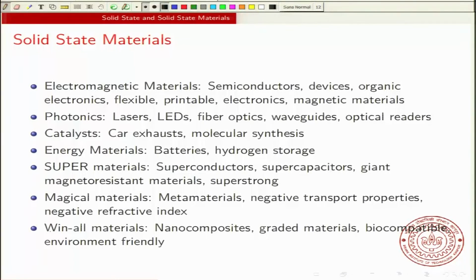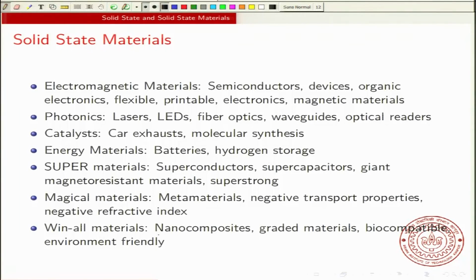Another example, again in the same class as metamaterials, I am calling a multifunctional material, which typically has more than one property that is very good. For example, you can imagine something that is both super strong and super light, which is not typically found.